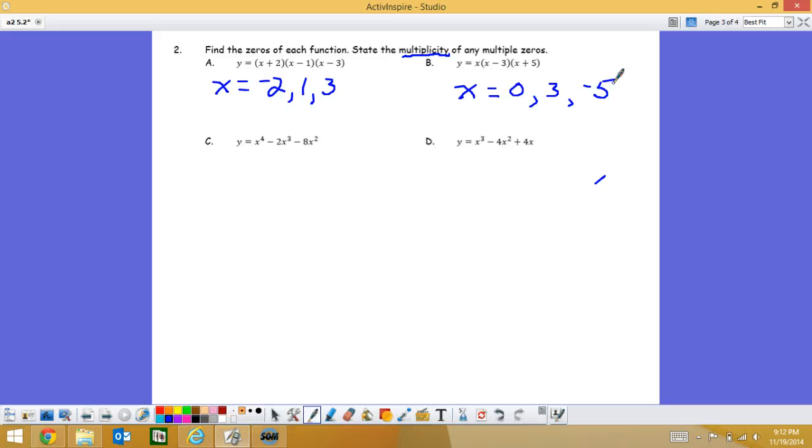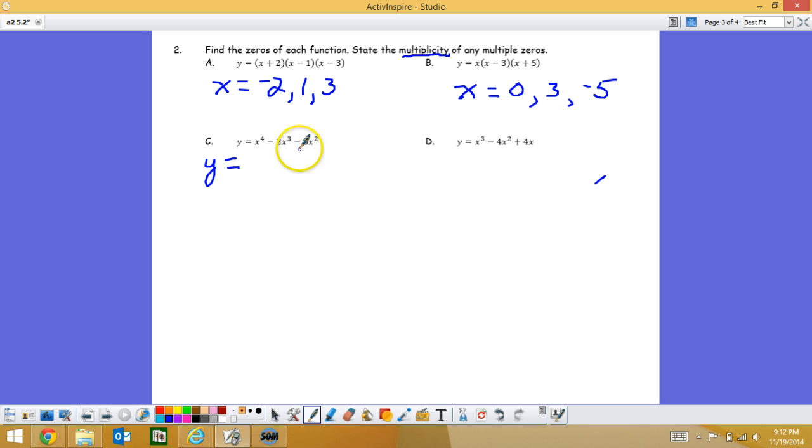Now, in both of those examples, none of those zeros occurred more than once. So in C, the first thing we're going to do is write this in factored form, just like A and B were given to us in.